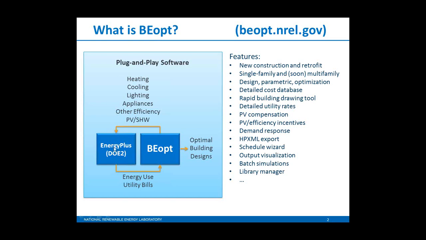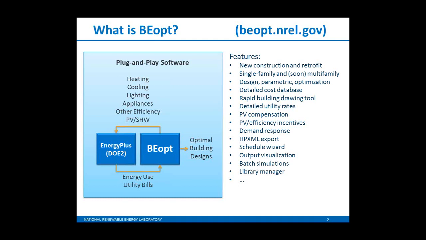Energy Plus is sort of considered the main simulation engine that BEopt uses. It's supported by DOE. It's their flagship whole building simulation engine. It does hour-by-hour or even sub-hourly time step calculations using detailed physics. And it's considered a very accurate and robust simulation engine.